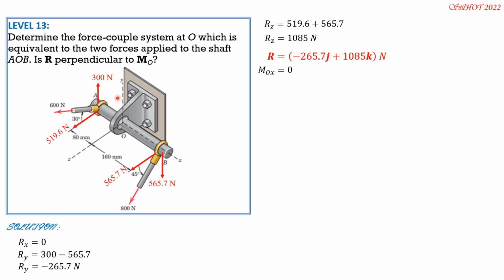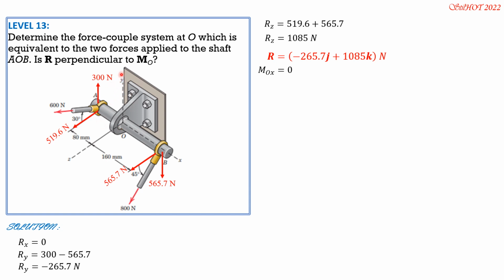MOY: if this is your right thumb, the positive sense of moment would be the curling of your four fingers, like that. So 519.6 is positive times 0.08, then minus 565.7 times 0.16, negative, because the 300 and 565.7, parallel to the y-axis, produce no moment.